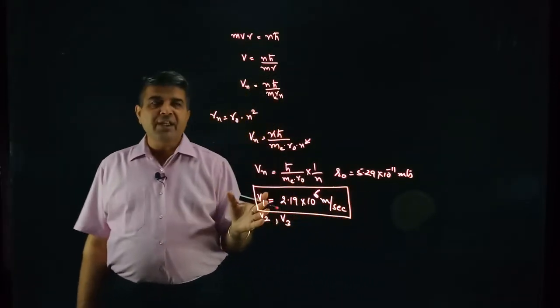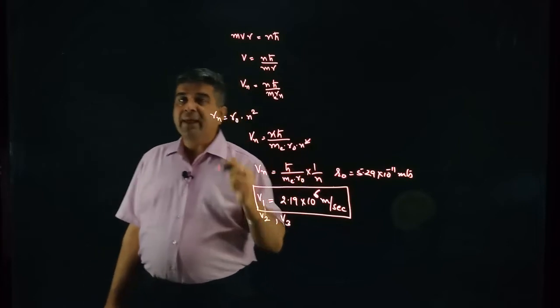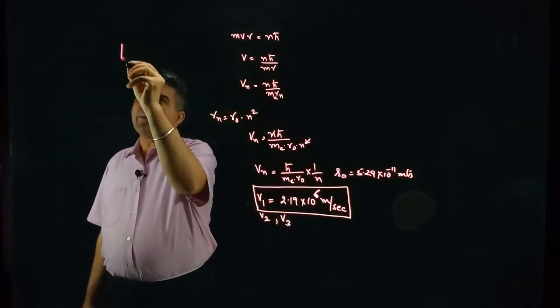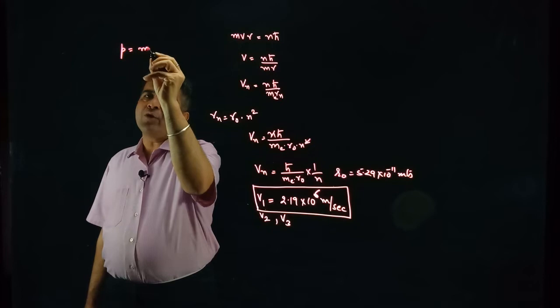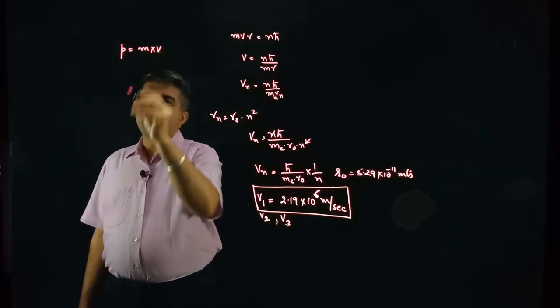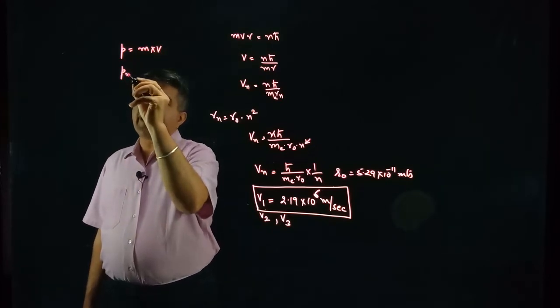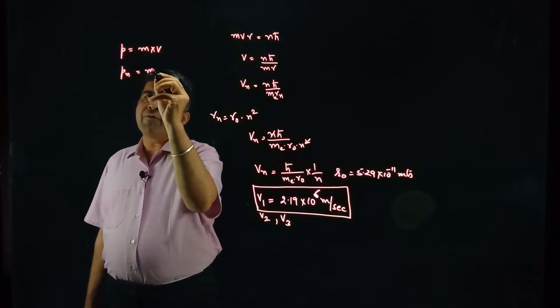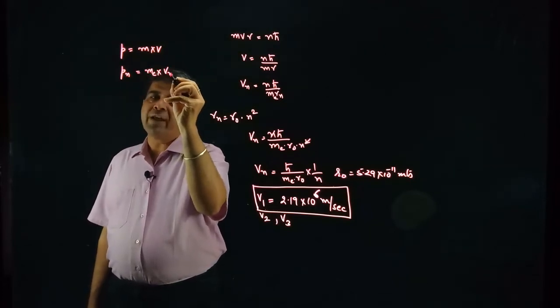We know the velocity, so we can calculate the linear momentum. Linear momentum is given by P is m into v. So now if I am calculating linear momentum for the nth orbit, it would be the mass of the electron into the velocity of the nth orbit.